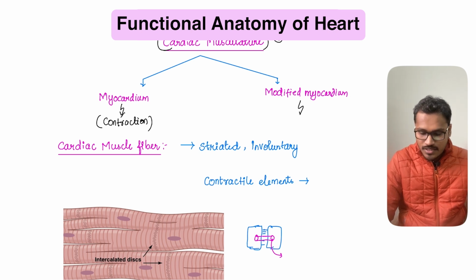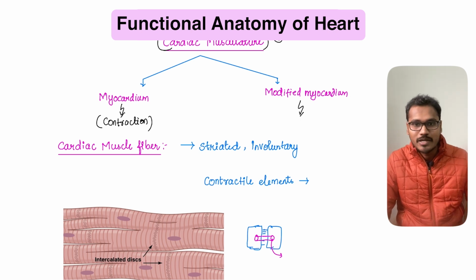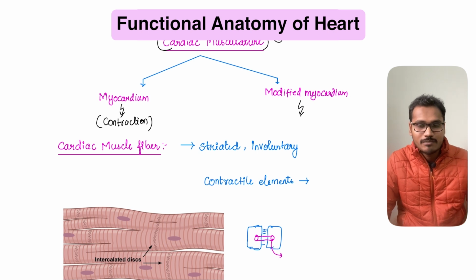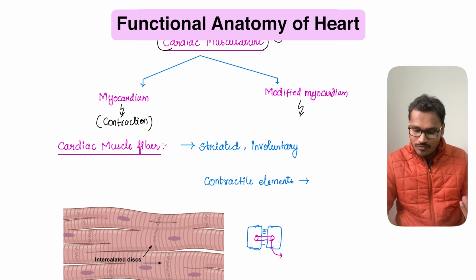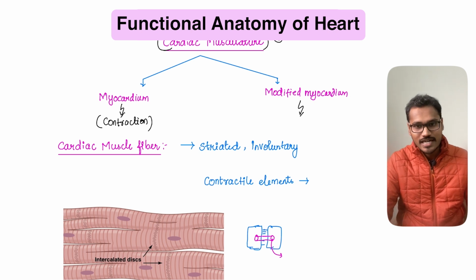And there is something called the modified myocardium. What is this modified myocardium? We will see in the next lecture, but still I will give you a hint. First, the heart is contracting, but somebody has to tell the heart to contract at a particular rate. All of us know that there is some battery kind of thing inbuilt in our body, which is nothing but our SA node, and obviously the SA node has to generate and conduct through various different parts of the heart.